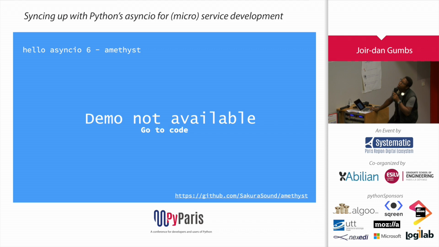Okay, cool. So here I've got some simple, well, it's quite a bit of code. I'll go to the client here. Here we go. This is just an example from one of the projects that I've been working on.